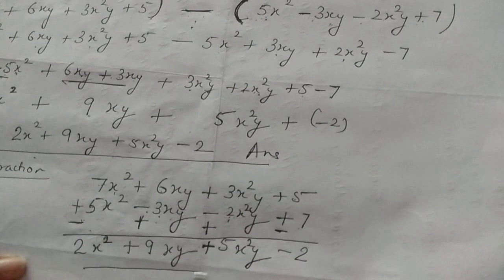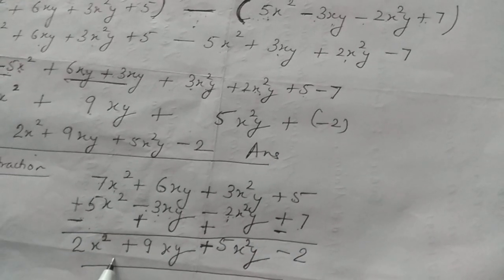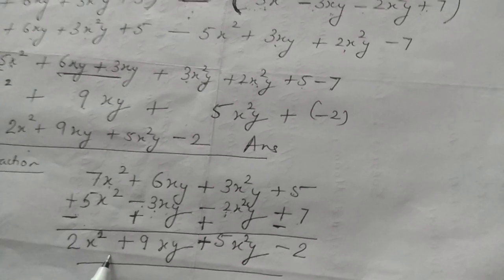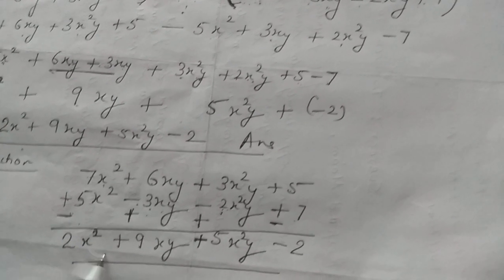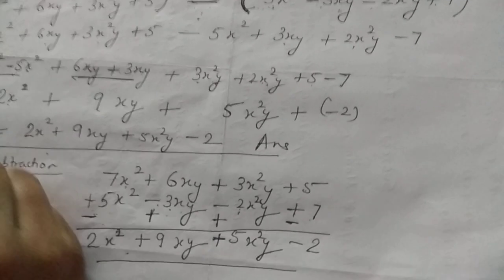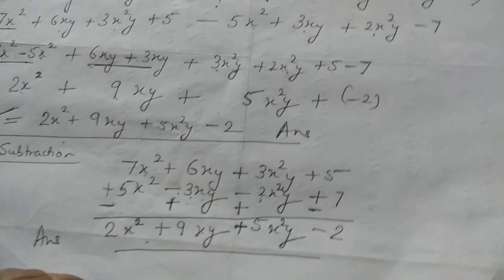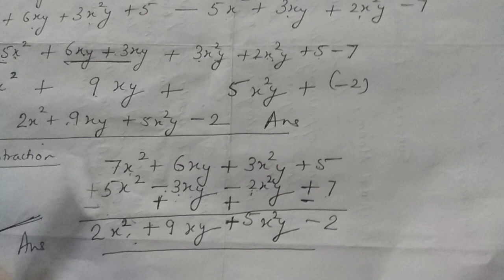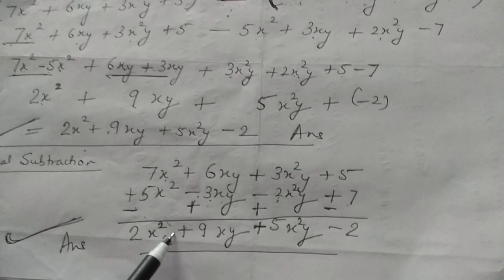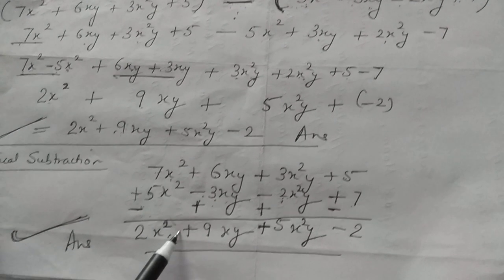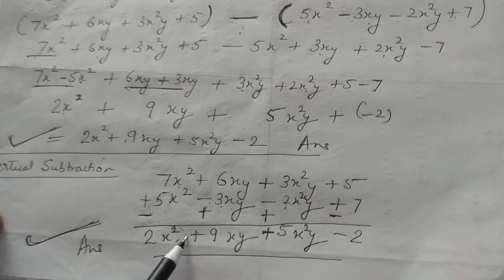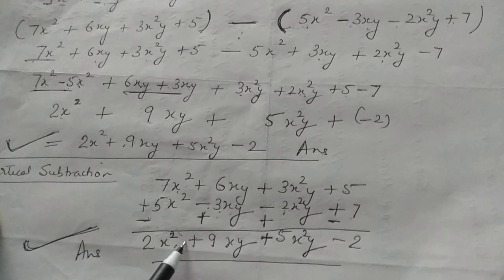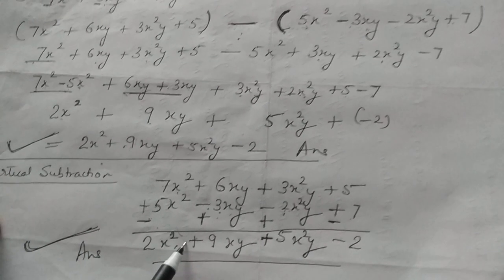So my answer is 2x square plus 9xy plus 5x square y minus 2. Now you see, whether you subtract it horizontally or you subtract it vertically, the answers are same. I hope you have understood. Try to solve some more questions and then you can practice more. Thank you.